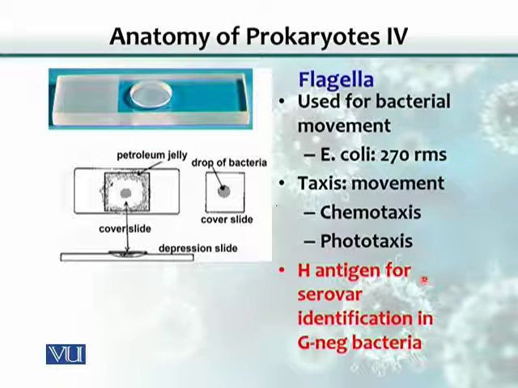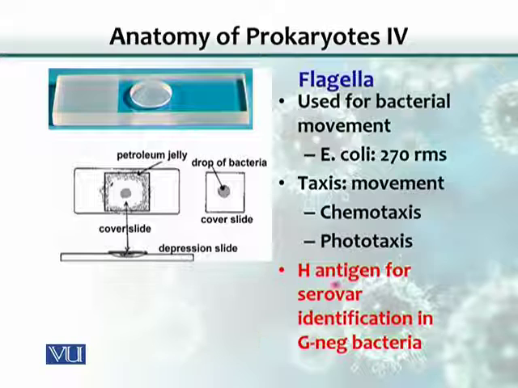The flagellum, or flagella, can also be used as an antigen. The antigen that we name for the flagella is called the H antigen. If you inject this into a rabbit, for example, the rabbit's body would produce antibodies, and those antibodies could be used for identification of gram-negative bacteria.